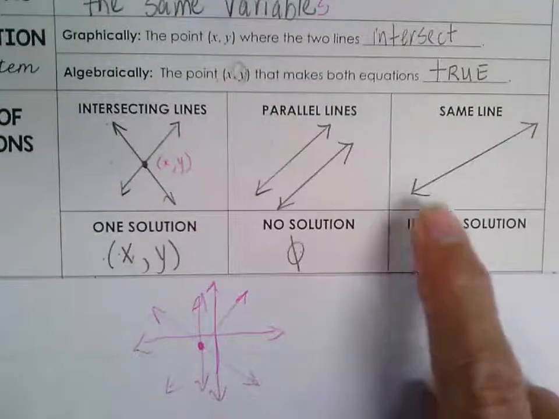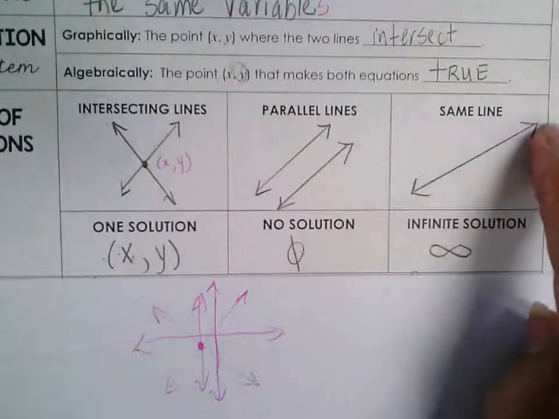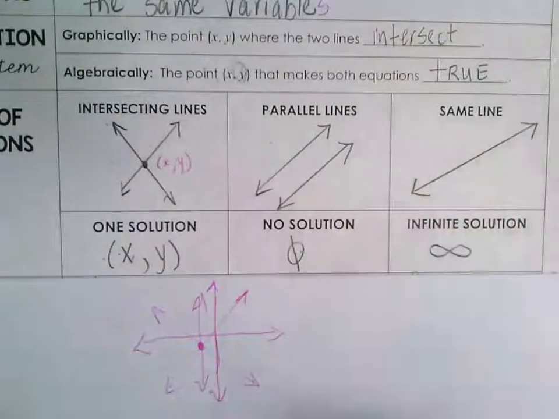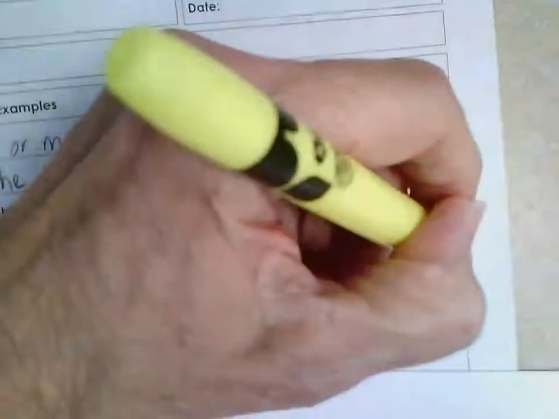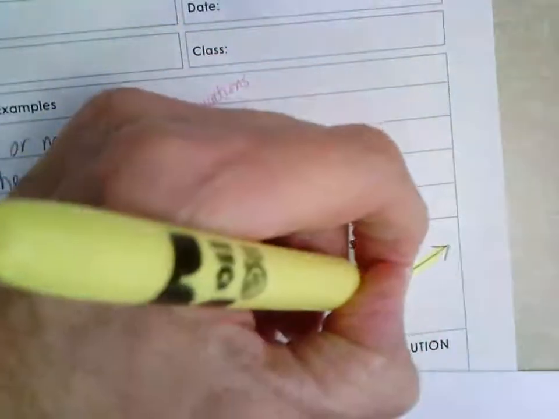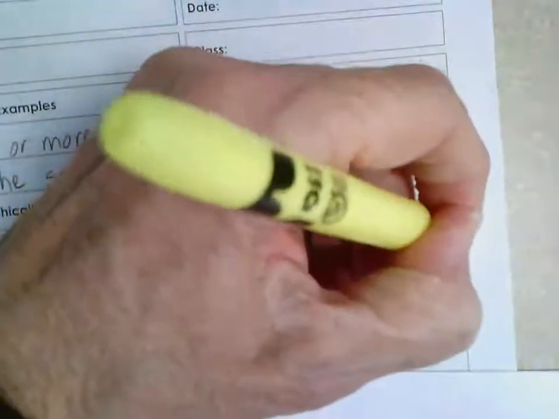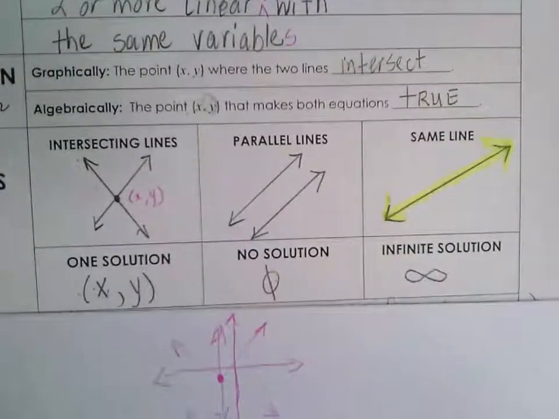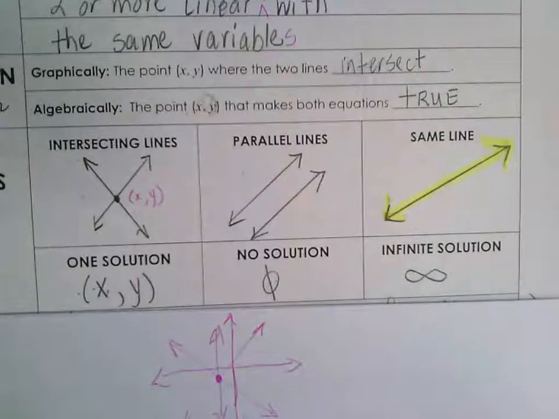And in that case, there would be an infinite number of solutions because this one line is actually also the other line laid on top of it. We could actually highlight another line laying on top of it. So this is actually two different lines, two different equations of the same line. So in that case, we would say there's infinite solutions.